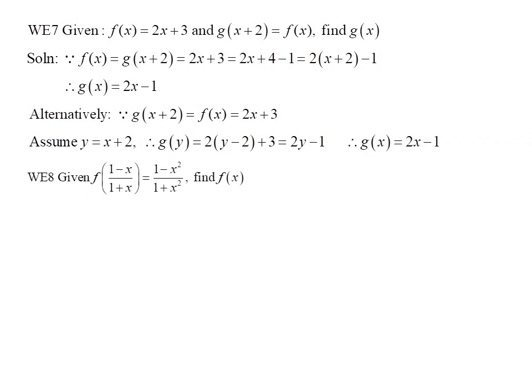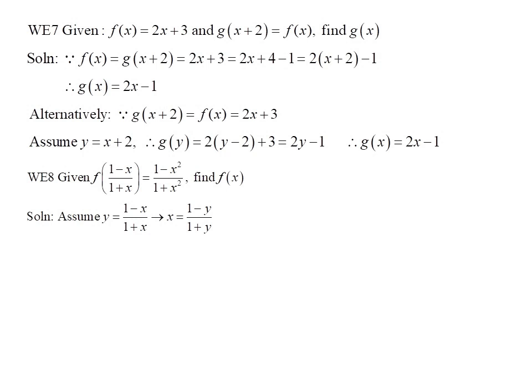Example 8 is to find the expression of f(x) given that f((1 - x)/(1 + x)) equals (1 - x²)/(1 + x²). When encountering this kind of question, we need to assign the expression in the function's argument to another variable.